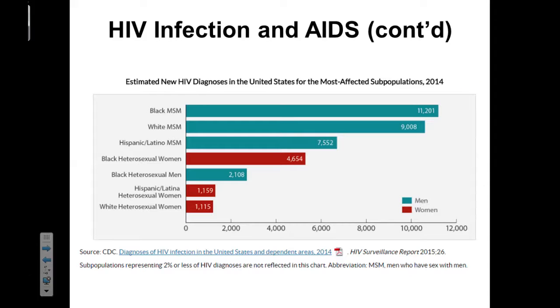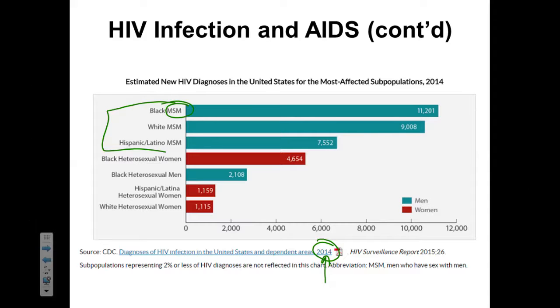The most recent data that I was able to pull for you was from the year 2014, and I got this from the CDC website. This was not in your textbook. If we look at the 3 biggest demographics that received new HIV/AIDS infections in the United States in the year 2014, we have black men who had sex with men, white men who had sex with men and Hispanic/Latino men who had sex with men.